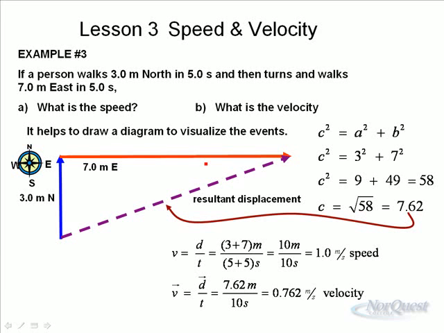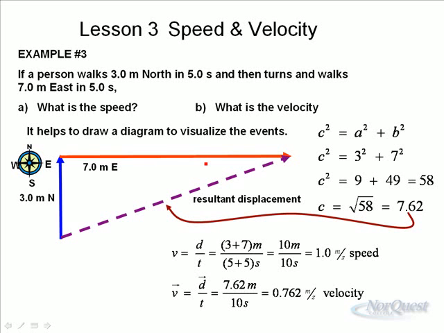I've done a little bit of a calculation here. We can see the speed is still 1 meter per second. The velocity works out to be 7.62 meters, that's our displacement, divided by 10 seconds gives us a velocity of 0.762. However, that's not the complete velocity because it doesn't include the direction.